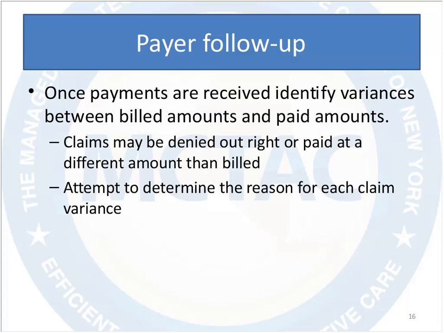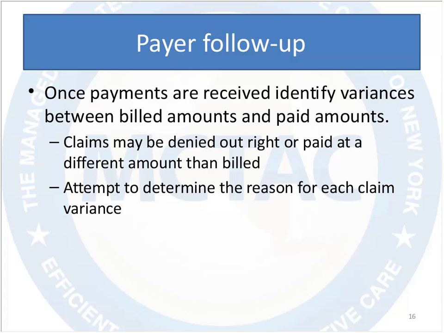You normally will then be able to go in and find out whether they were denied outright or the claim was paid at a different rate than you billed. So you should, in all cases within your billing system, know what dollar value was the batch that you billed out.